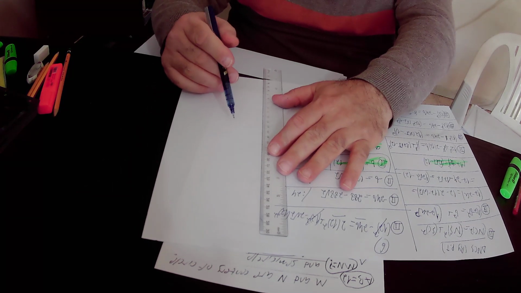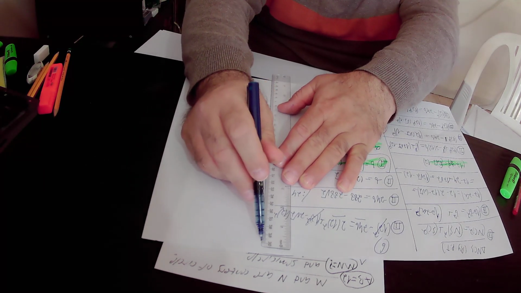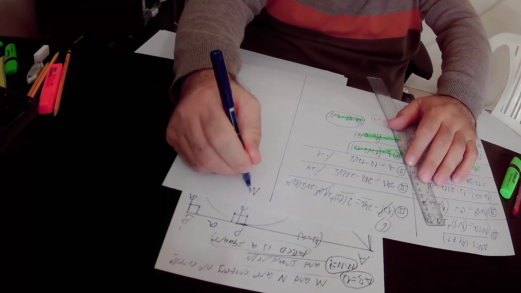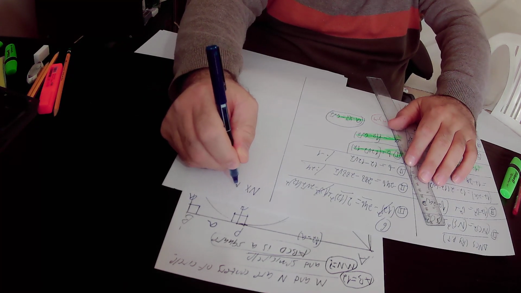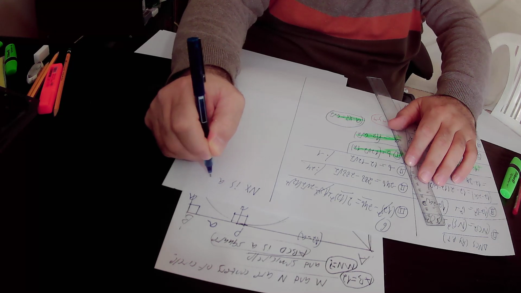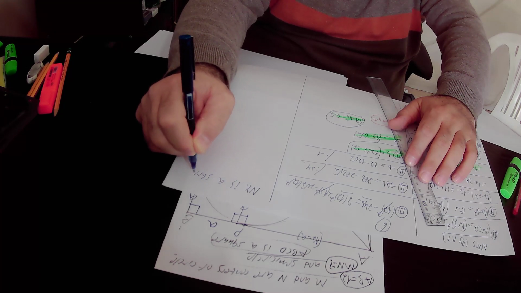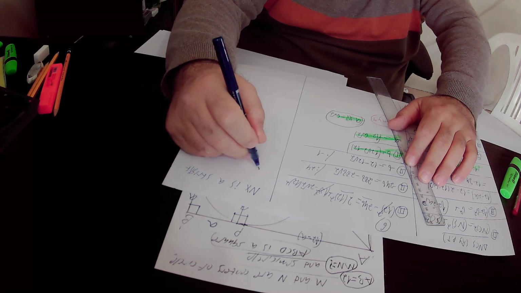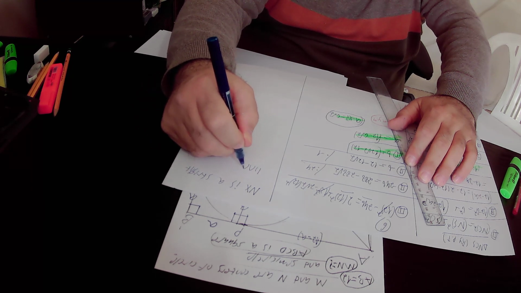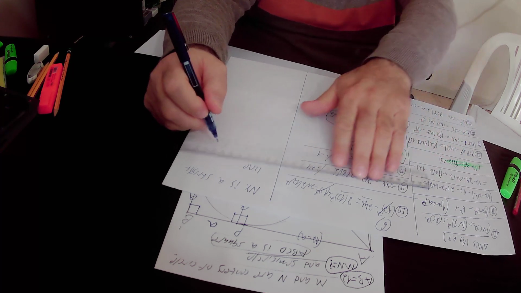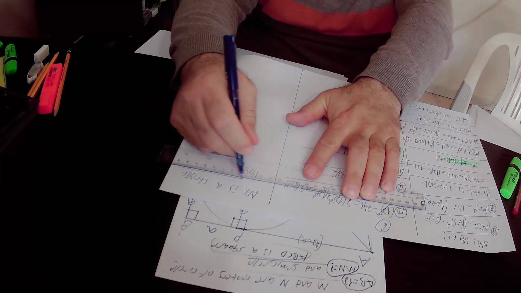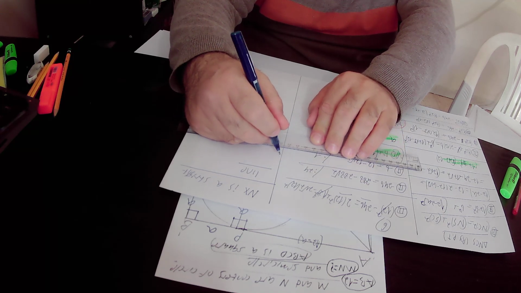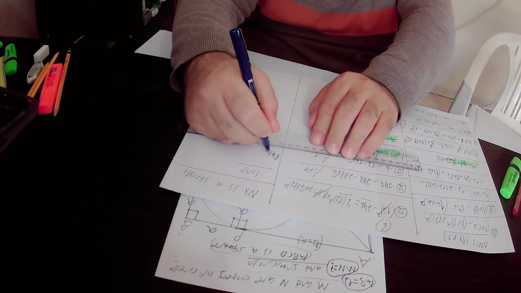So I will write it down that line segment NX is a straight line, and we also have rule number 4.